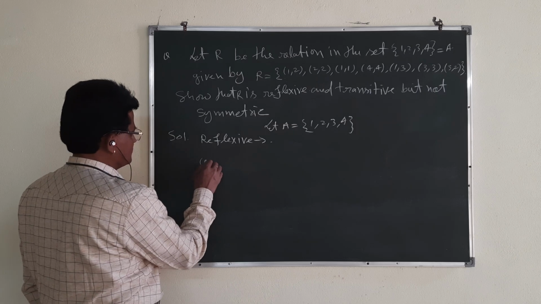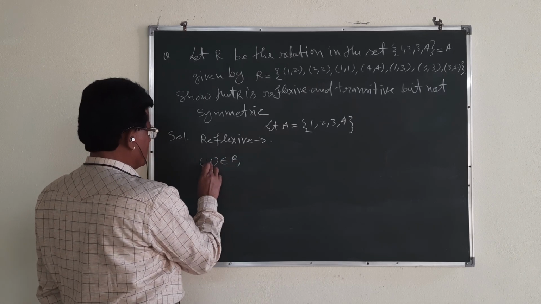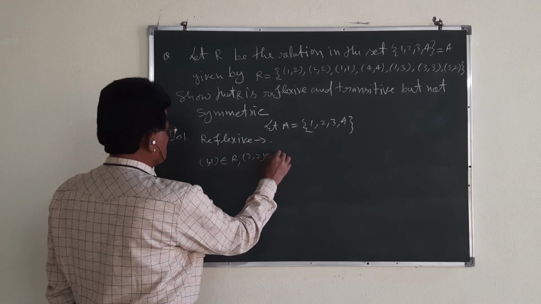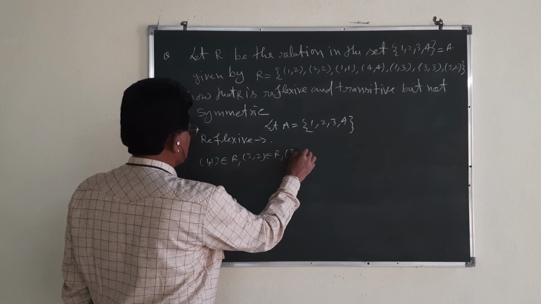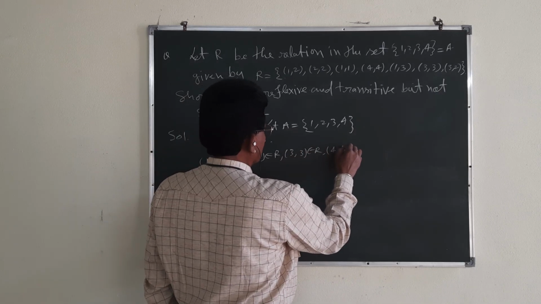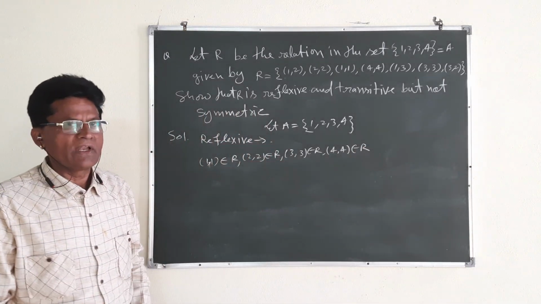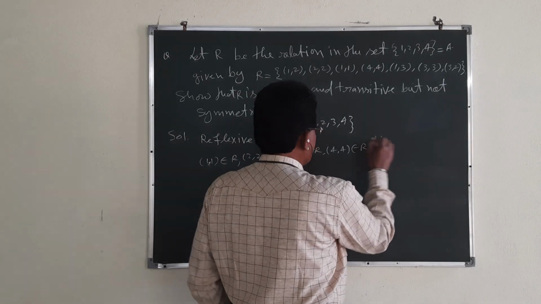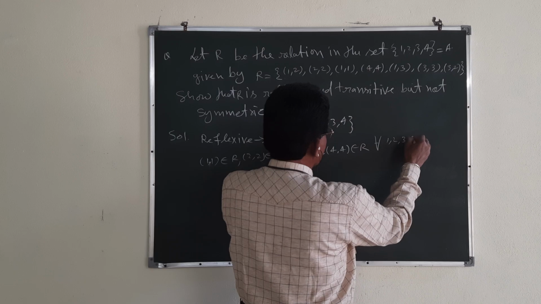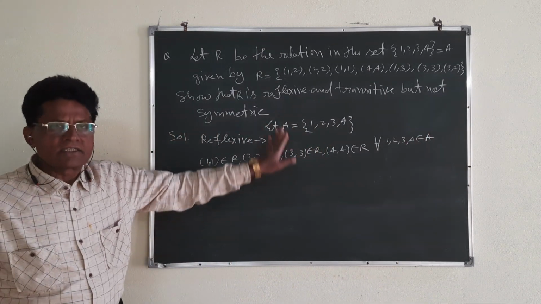You can write it in this way: (1, 1) belongs to R, similarly (2, 2) belongs to R, (3, 3) belongs to R, and (4, 4) also belongs to R. That is why we can say that this relation is reflexive for all. That is why I mentioned it by A, so that easily you can write 1, 2, 3 and 4 belong to A. I think you understand this condition.